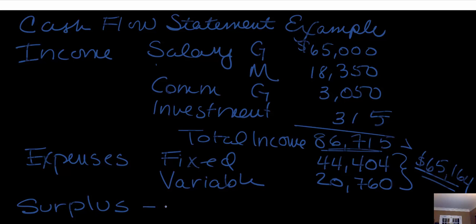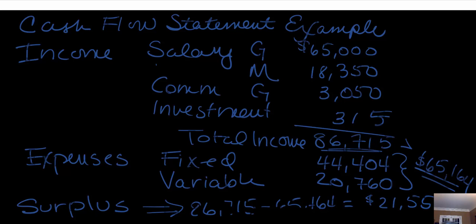So their surplus is the difference between the two, or $86,715 minus $65,164, or the surplus is $21,551.